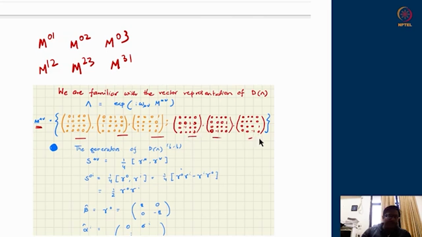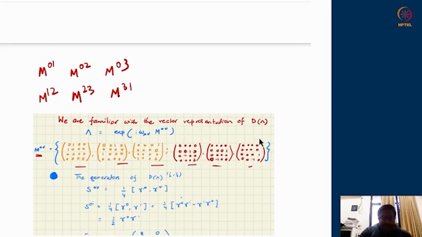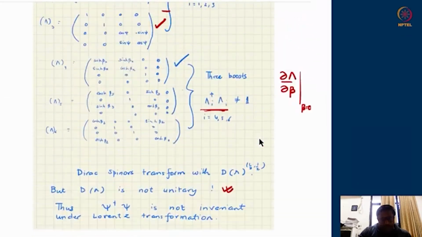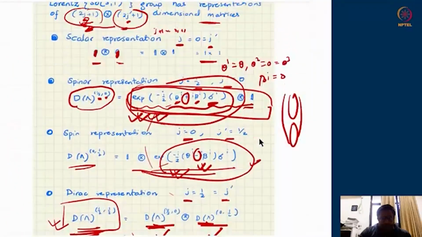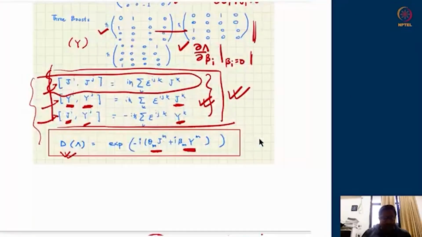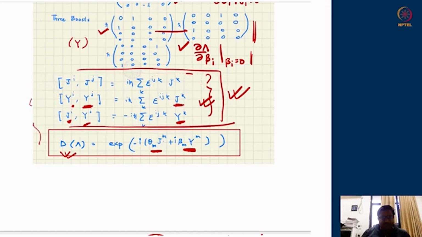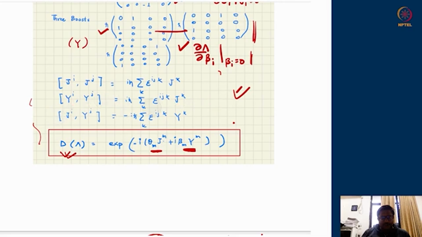As we have seen previously, these 6 matrices are related to each other in terms of the Lorentz algebra. So 3 of them are rotations, 3 of them are boosts, and boosts and rotations talk to each other through the commutation relations which we had written in the previous class. The commutator of rotations is supposed to generate another rotation generator.